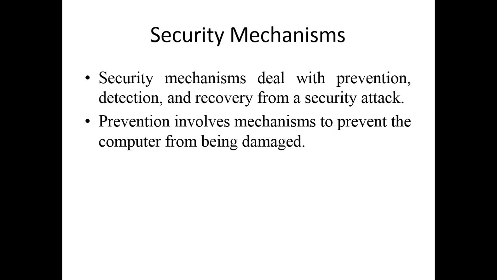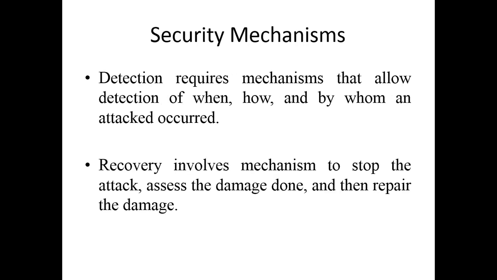So when you're looking at prevention, this particular aspect involves mechanisms to prevent the computer from being damaged. And then detection, on the other hand, requires mechanisms that allow detection of when, how, and by whom an attack actually occurred.